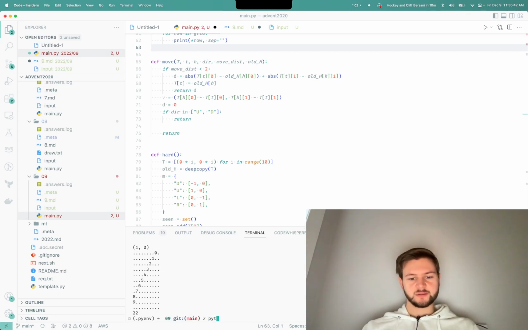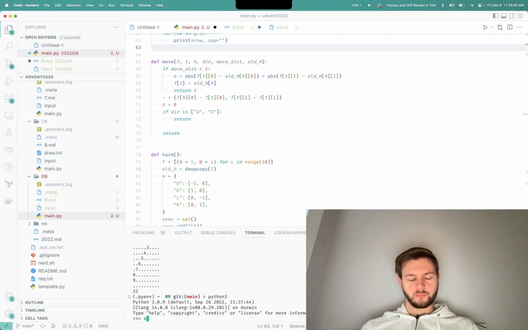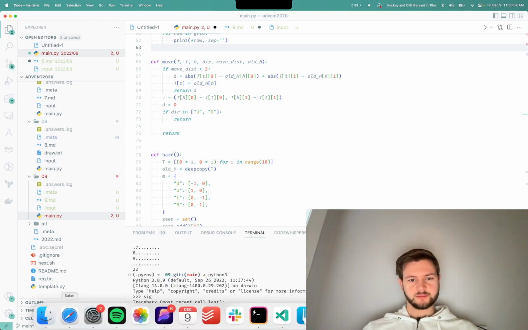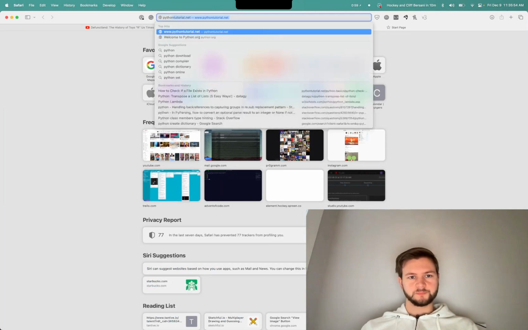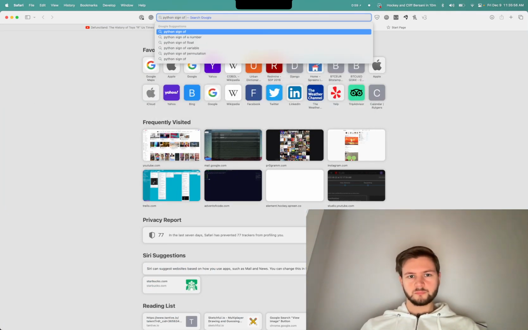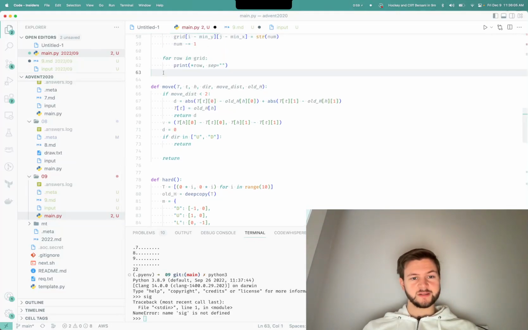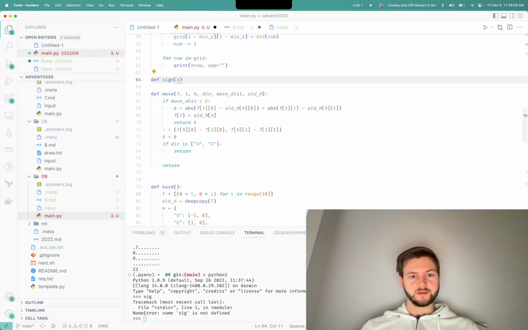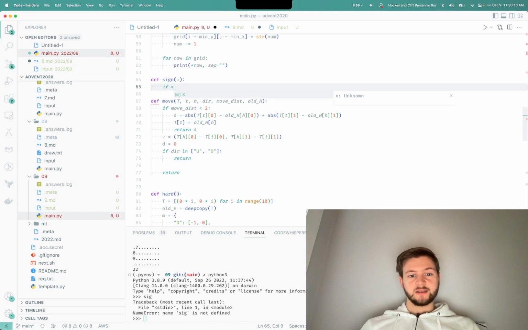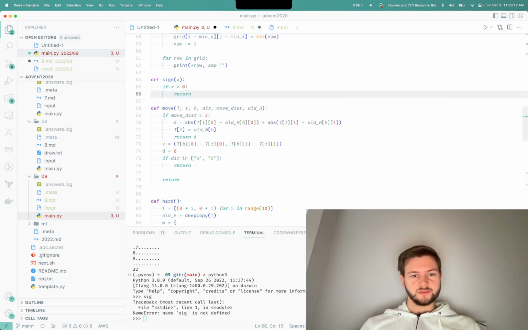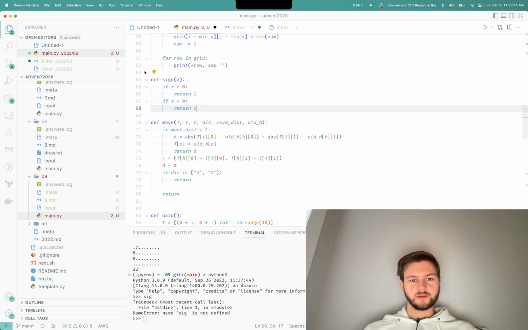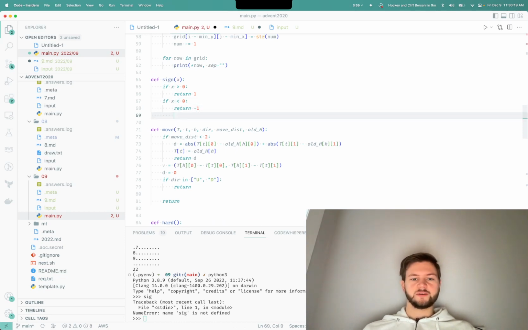Python doesn't have a sign function. Let's just implement a sign function. If x greater than 1, return 1; smaller than, return -1; otherwise return 0.